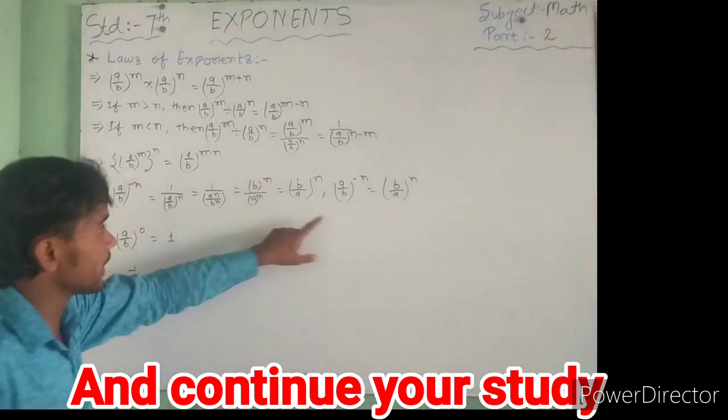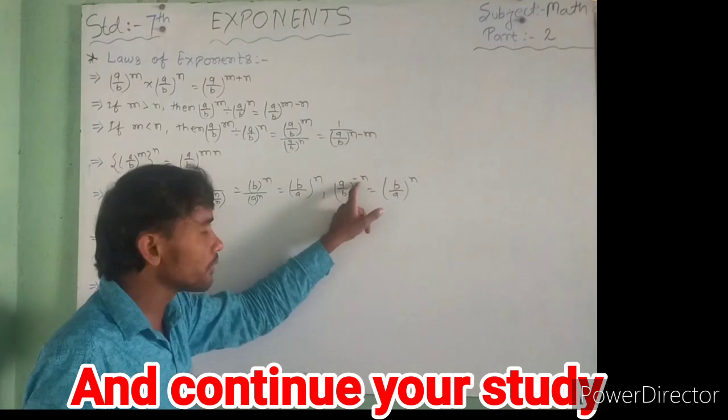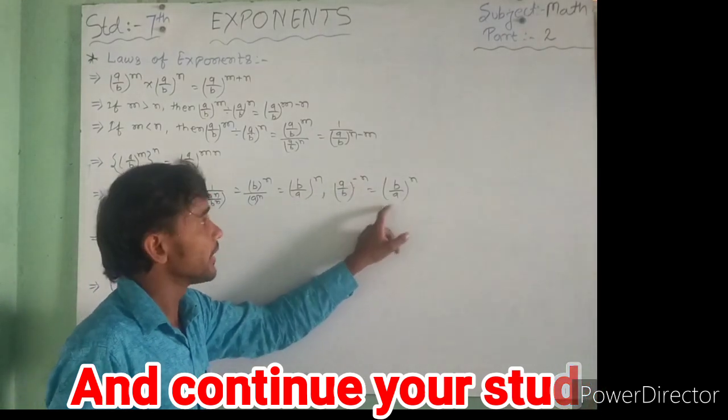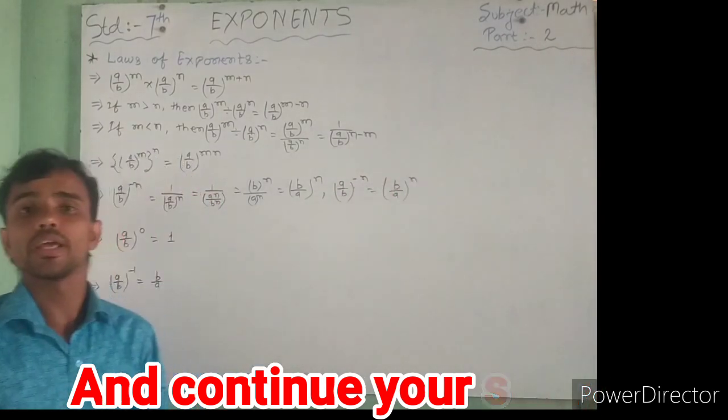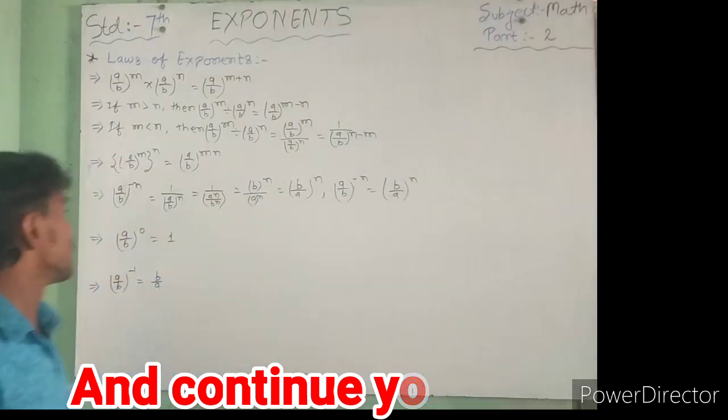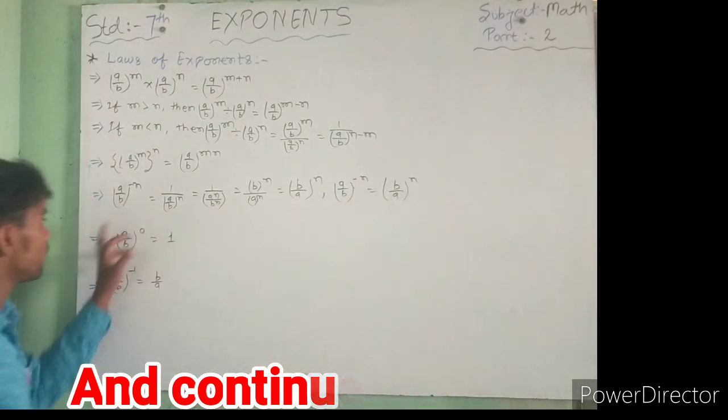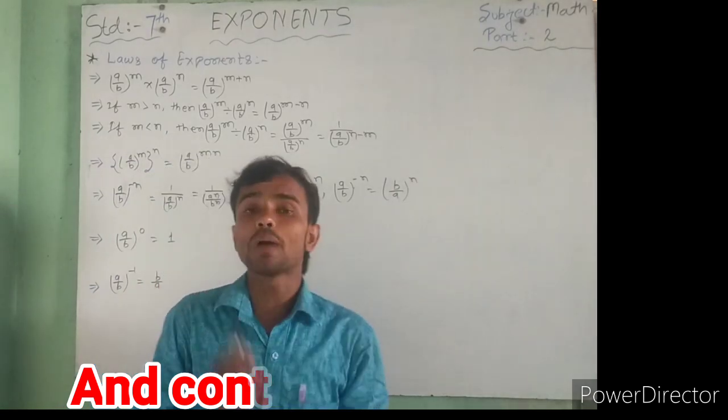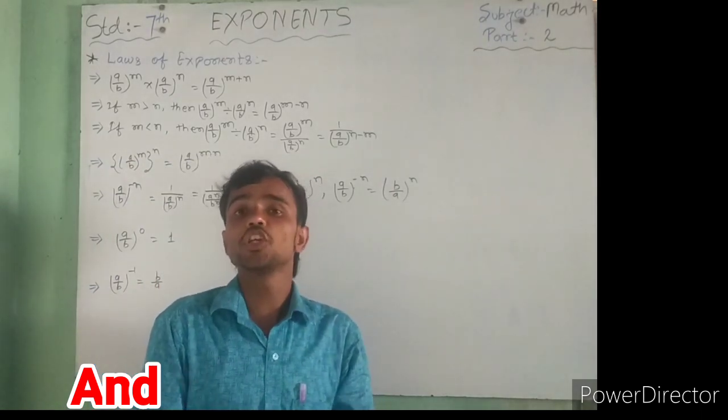Just like if your question is (a/b)^(minus n), then you convert it to (b/a)^n. And next, if any type of question has the power 0, your answer is 1.